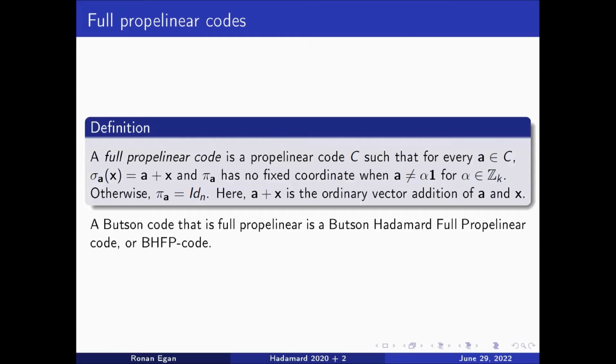And I have a condition that the permutation of the coordinates associated to that code word either doesn't fix any single coordinate, or if it so happens that that code word is some multiple of the all ones vector, it is just the identity permutation, doesn't do anything. So we combine all of these things together. I've got a Butson code, which I obtained from my Butson matrix, and if it has this full propylinear structure, it is a Butson Hadamard full propylinear code. There we go. We finally got to the title.